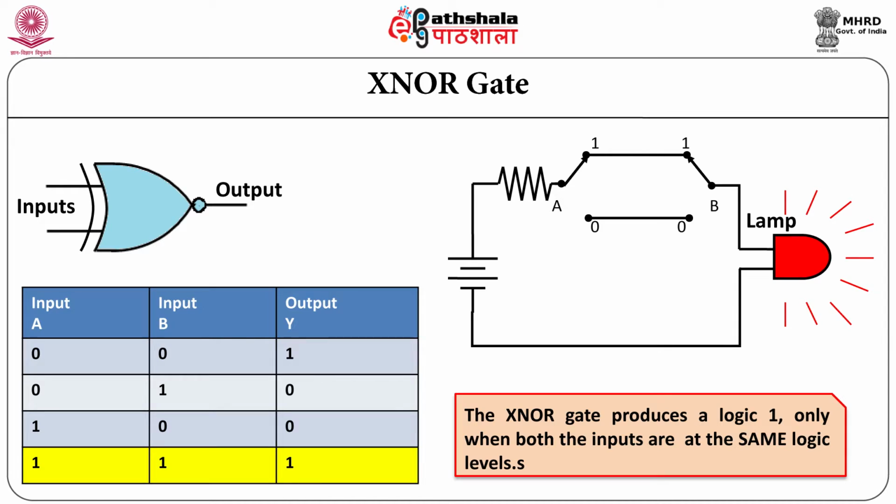The output of the XNOR gate is high when both the inputs are high. The lamp is on when both the switches are closed. This in turn indicates that the XNOR gate produces a high output only when the two inputs are at the same logic level.